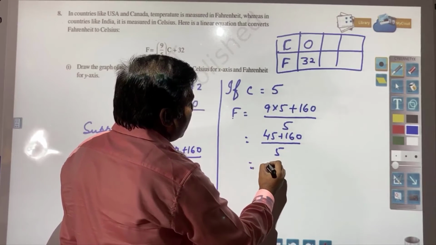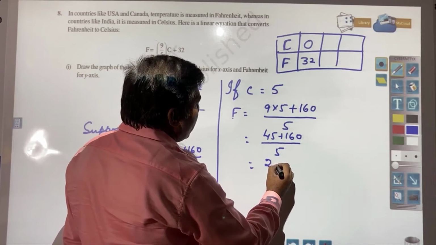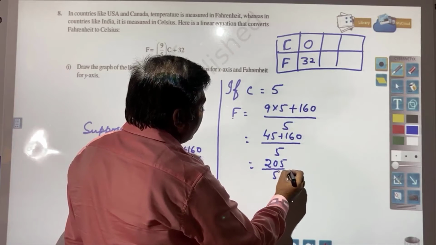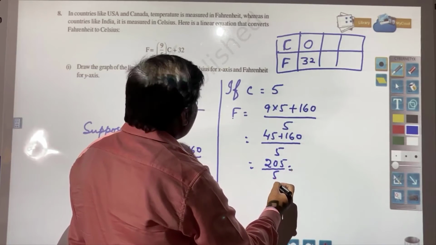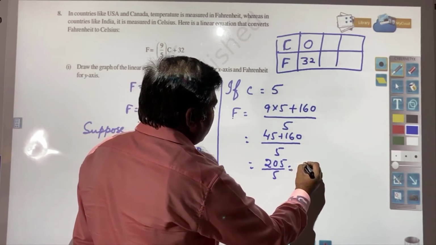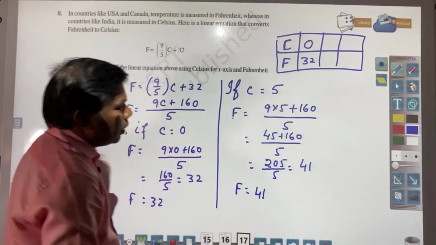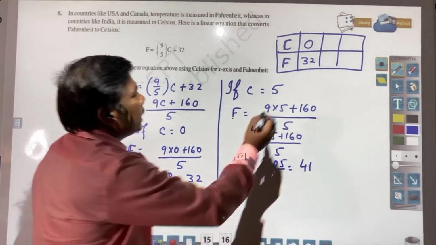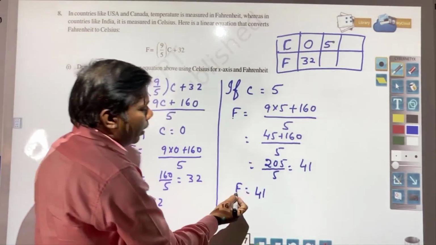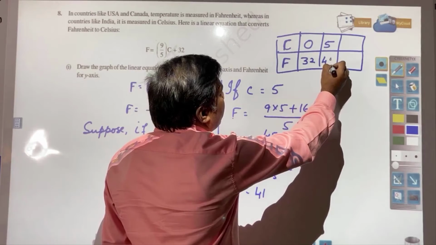So you will get 205 by 5, or you will get 41. So F you have got 41. So when C is equal to 5, your F is equal to 41.